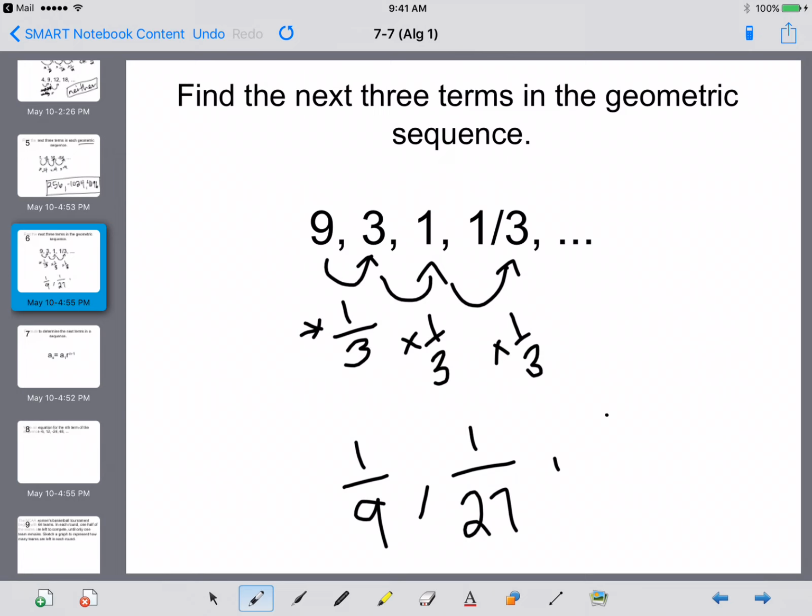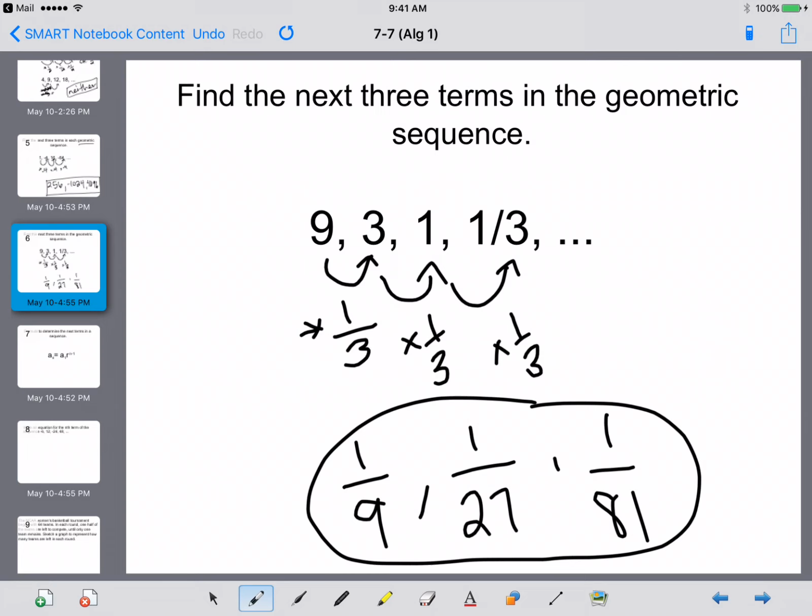And 1/27 times 1/3 is 1/81. All I had to do was multiply the denominator by 3 there. If I were to have gone and started just dividing by 3, I wouldn't have been able to pull these fractions out of that number, because I don't know what 1/81 looks like in a decimal. So make sure you keep those in fractions, so that it makes a little more sense to you.